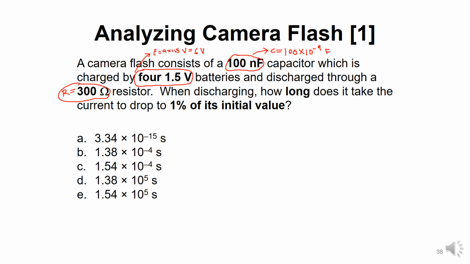And the question is asking, when we're discharging, how much time does it take for the current to go from 100 to 1%? Okay, so we are trying to find time. And the time to go from 100 to 1%.